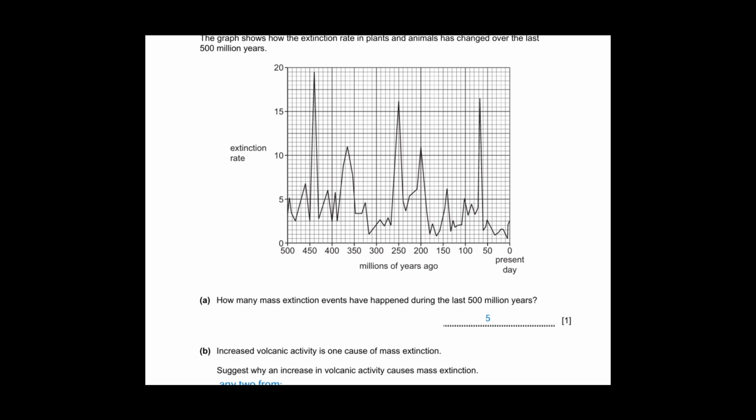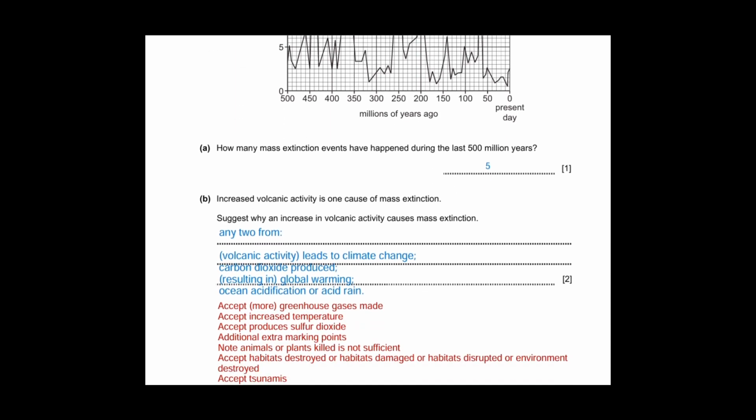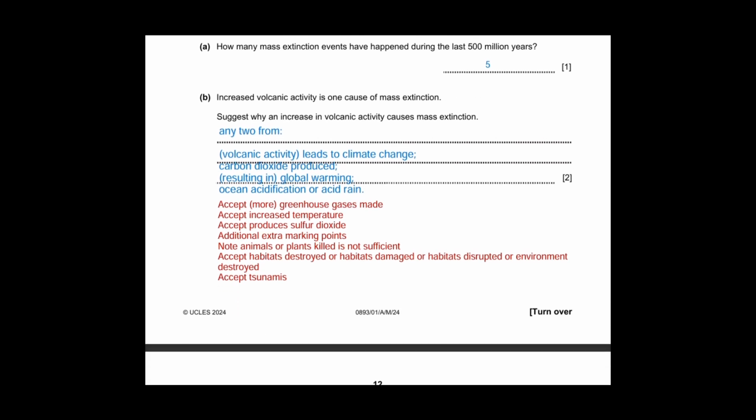Okay, so let's go to the next question. Increased volcanic activity is one cause of mass extinction. Suggest why an increase in volcanic activity can cause mass extinction. Now they wanted to tell us the stage that happens after this volcanic activity before it leads to mass death or mass extinction, the mass death that makes some organisms stop existing.